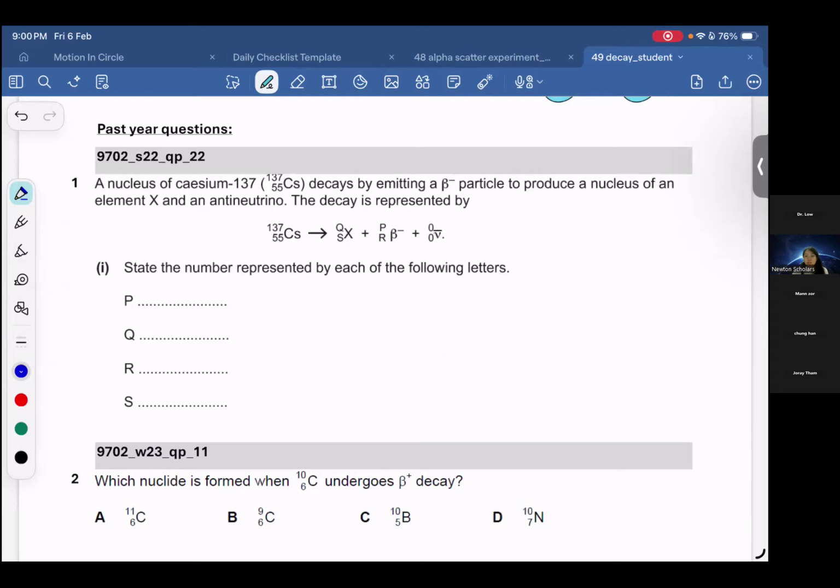Chonghan, yes. How about Q, R, and S? Vashini, correct. Chonghan, second one, correct. Fatima, no. Look at the letter, be careful with the question. Chonghan, R is wrong.